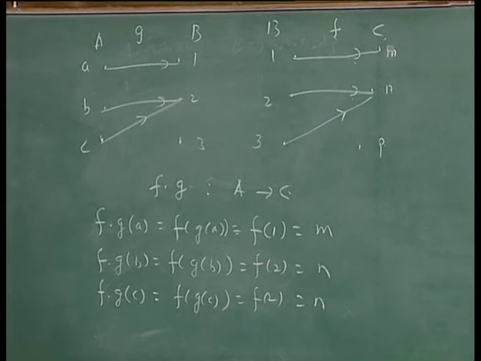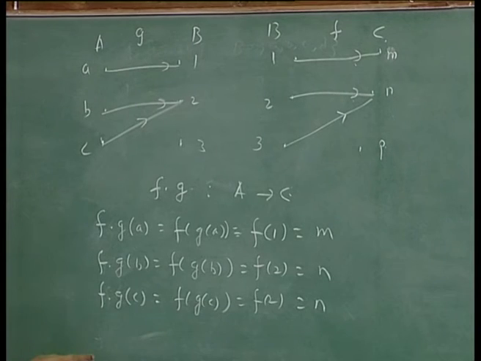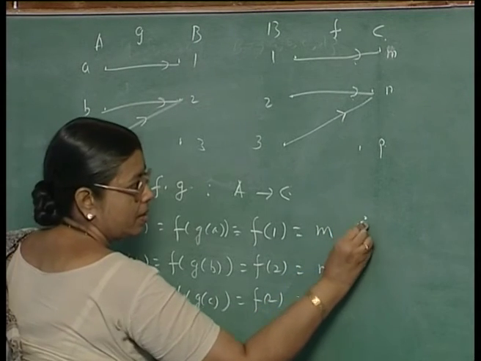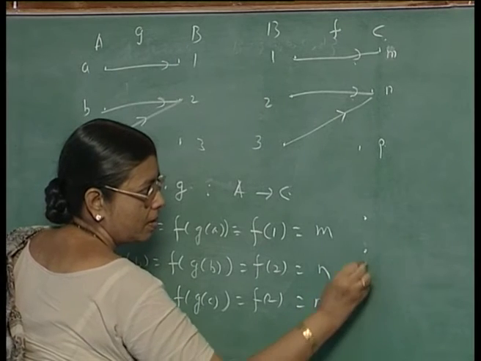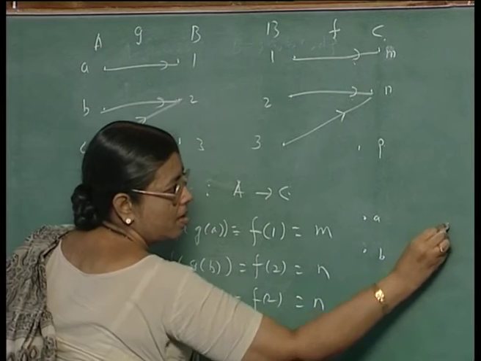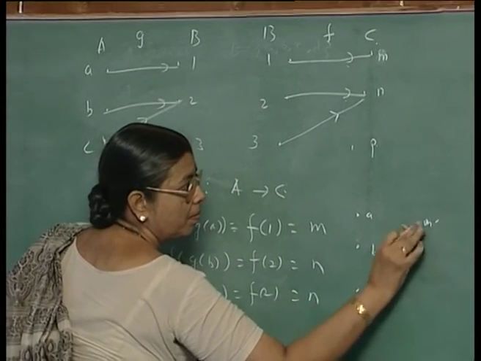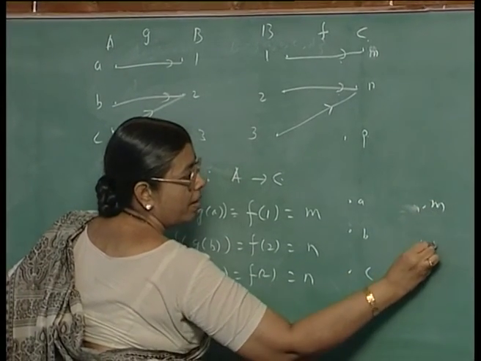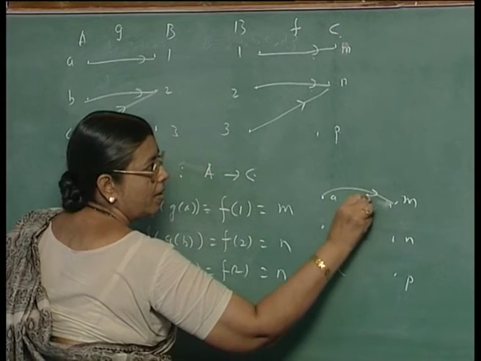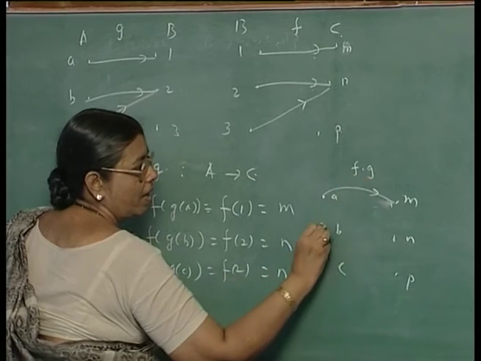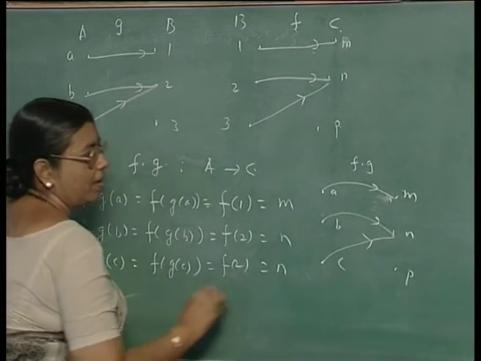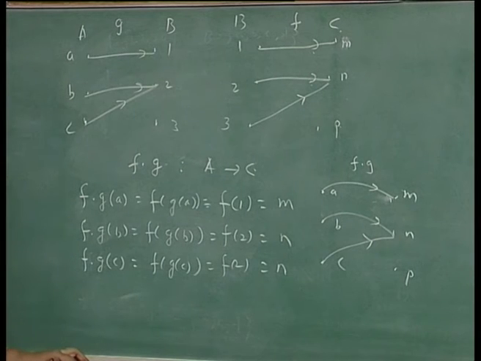So, this composite relation will be represented by a diagram like this: A, B, C, M, N, P. f dot g of A is m, f dot g of B is n, f dot g of C is also n, it will be mapped on like this.